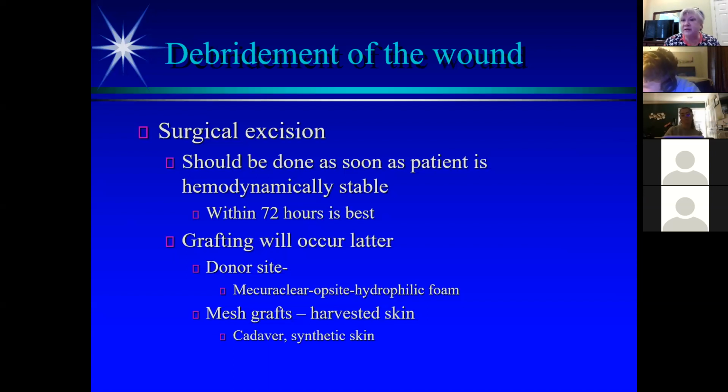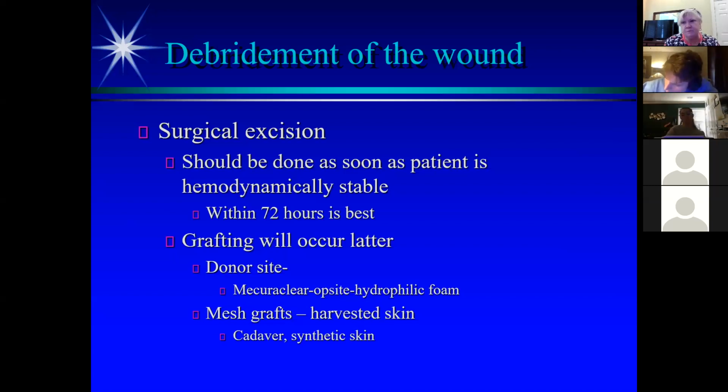As far as a donor site goes, they can be covered with a lot of different things, but most of the time, when they take a donor site, it's taken off with what looks like a cheese cutter, for lack of better words. It's sliced off, and then they put a piece of gauze over it, and they usually leave it open to air.